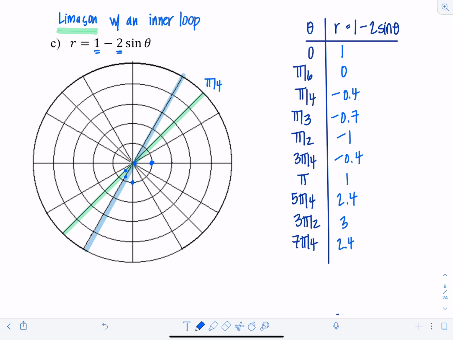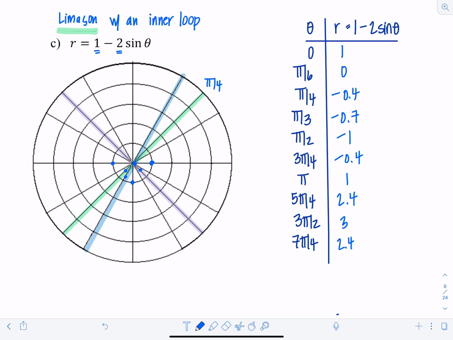And then 3 pi over 4 is negative 0.4. So here's 3 pi over 4, but we've got to go negative on that one. 0.4. That's maybe a little too far. Let's go closer. Okay. And then at pi, it's 1 over here.